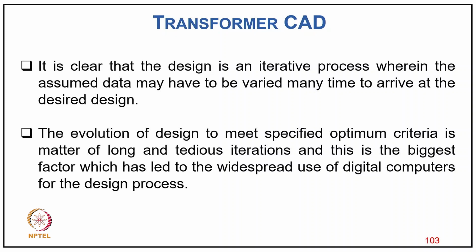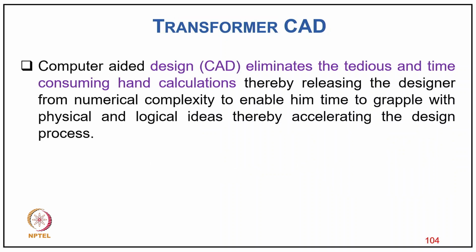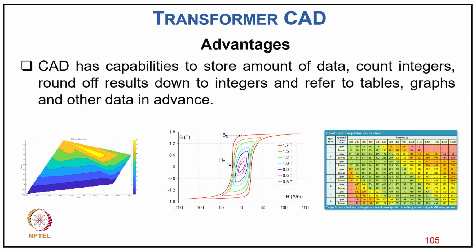The evolution of a design to meet specified optimum criteria is a matter of long and tedious iteration, and this is the biggest factor which led to the widespread use of the digital computer for the design process. Computer design eliminates the tedious and time-consuming hand calculation, thereby releasing designers from numerical complexity to enable them time to grapple with the physical and logical ideas, thereby accelerating the design process.